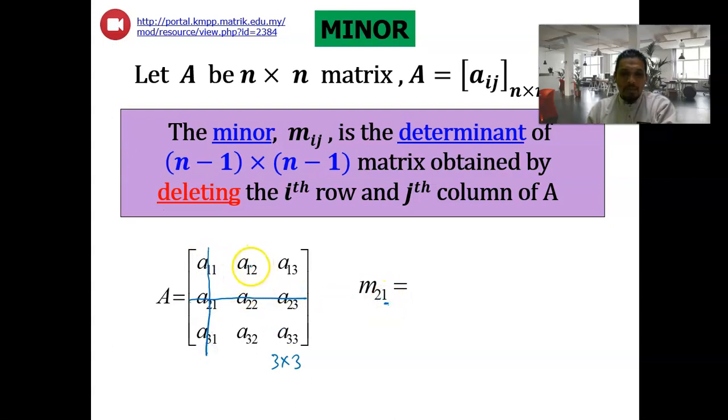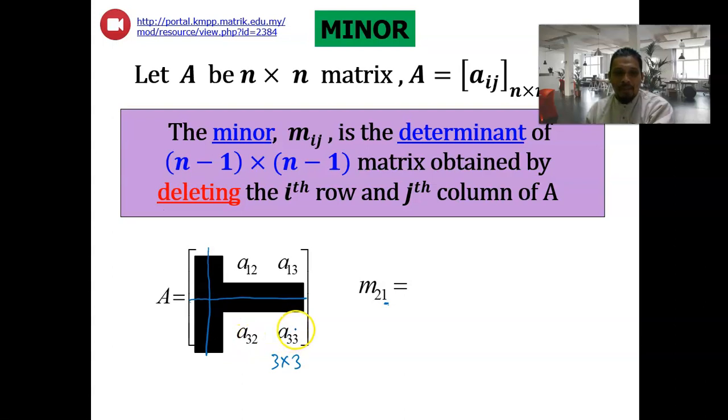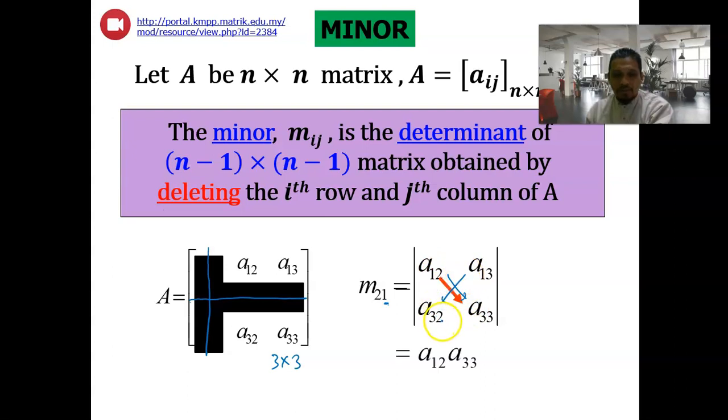What we have here right now is A12, A13, A32, and A33. Then cross multiply: A12 multiplied with A33 minus A13 multiplied with A32. Okay, so that's it.